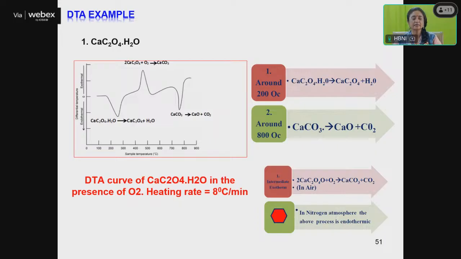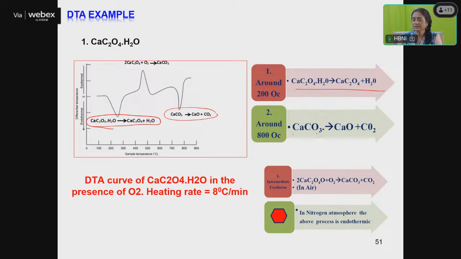One example, again the same example, calcium oxalate and water is given here. We have seen the TG curve, and here you can see the DTA curve of that calcium oxalate. For this reaction, this will be the peak, and for this reaction, this will be the peak. Around 200 degrees centigrade, this is happening.